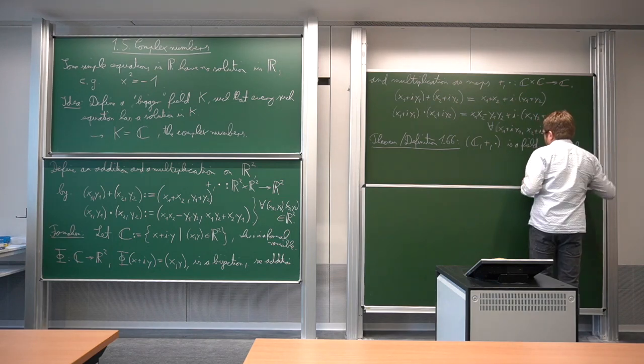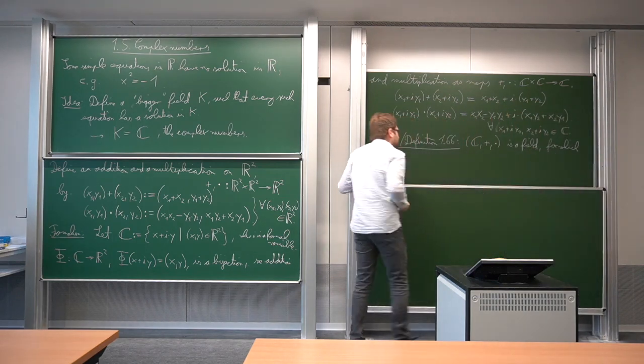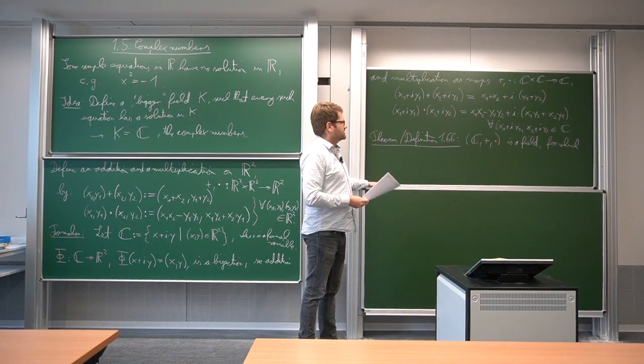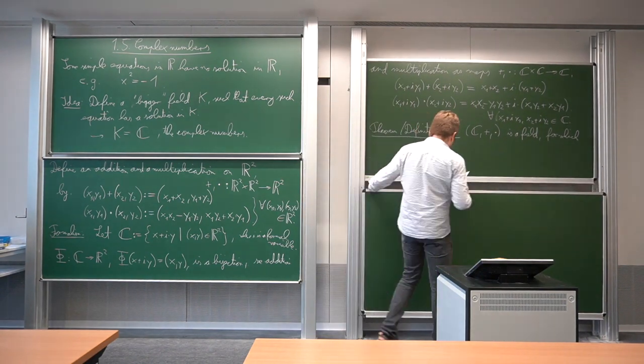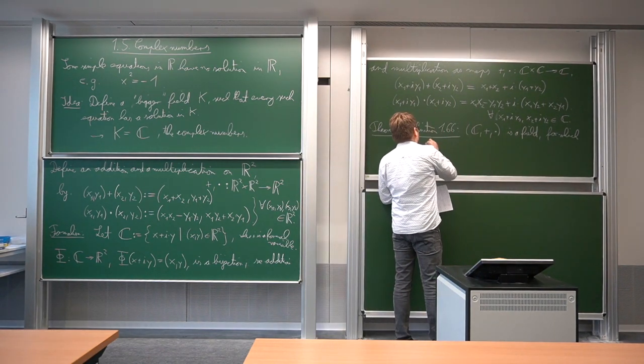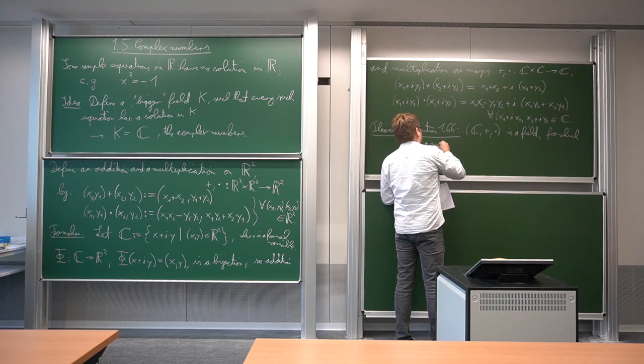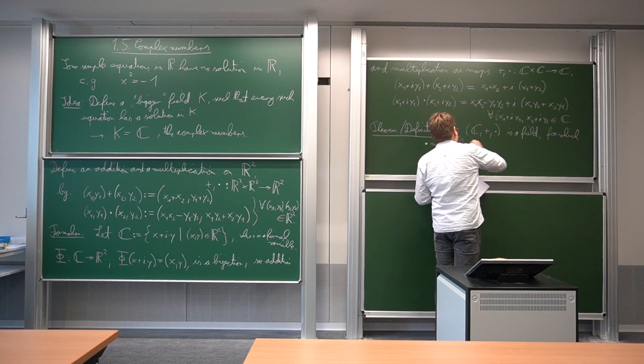And if it's a field, I want to give explicit formulas for the neutral elements and for the inverses of the two operations. So first of all, the neutral elements. If you see the way plus is defined, it's not really hard to tell how the neutral element will look like. Neutral element of plus.